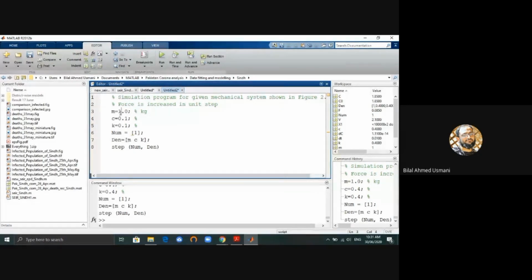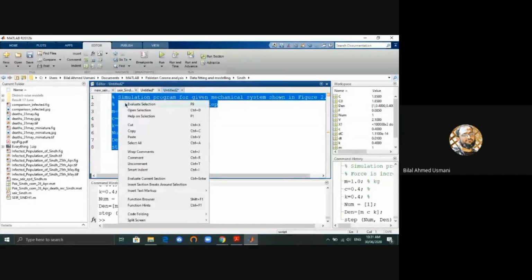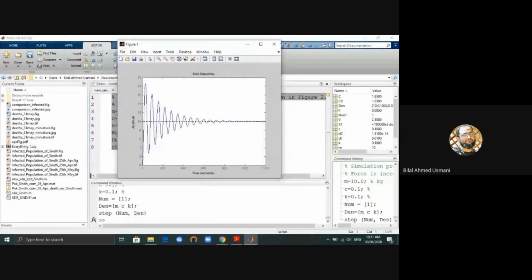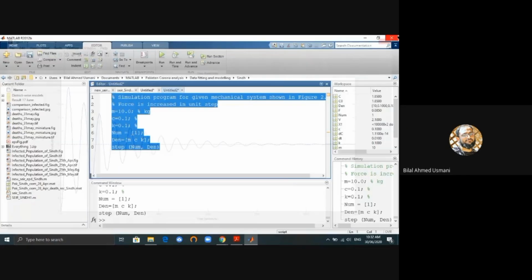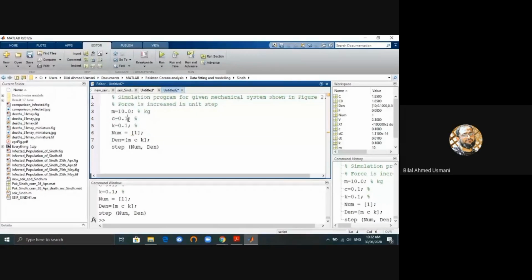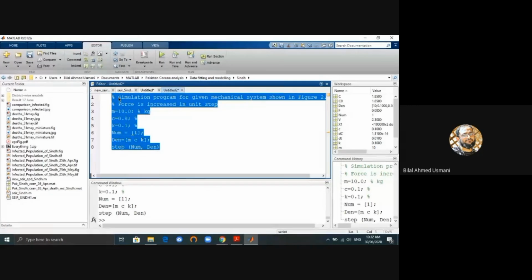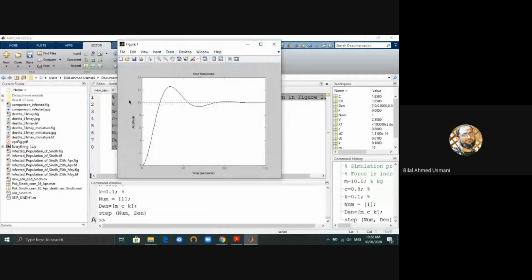So what would happen if mass is changed? The same thing, the mass is 10 times more. So you can see that because the mass is a bit more, the dashboard system was unable to control the fluctuations because mass is a lot. So we need to change the damping parameter in the dashboard to combat the mass.